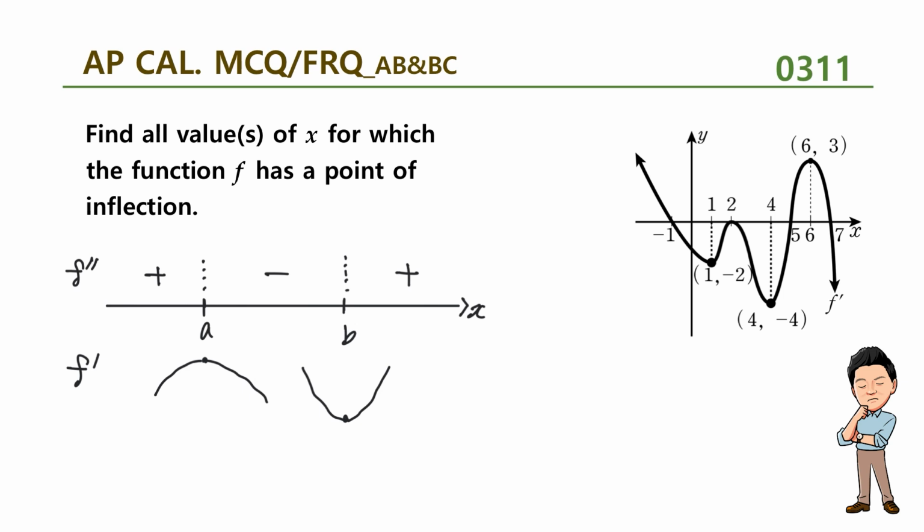So here the graph is decreasing, increasing, so we have a relative minimum here at this x value. Relative maximum, increasing, decreasing at this point, right? Relative minimum, right? Relative maximum here, right?